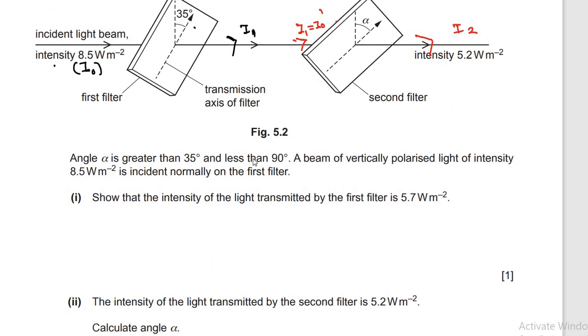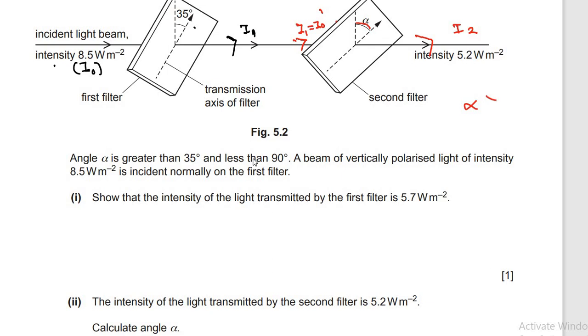The question says alpha is greater than 35 and less than 90. All I know is that alpha is greater than 35 and less than 90.